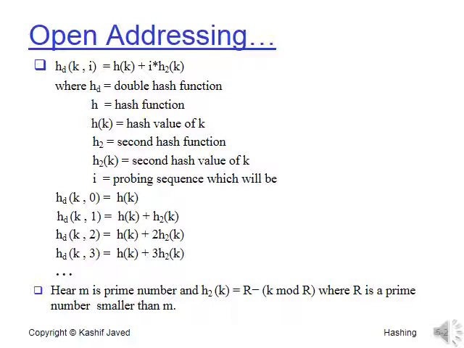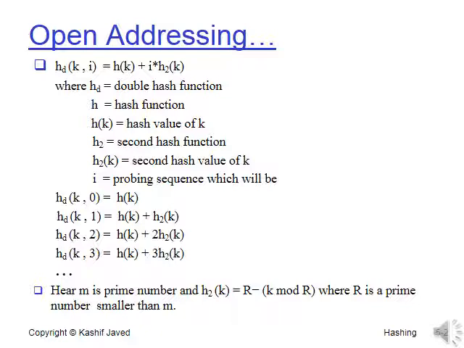For i equals 2, it equals the hash function plus 2 times the second hash function. And similarly, for i equals 3, the double hash function equals the hash function plus 3 times the second hash function, and so on.